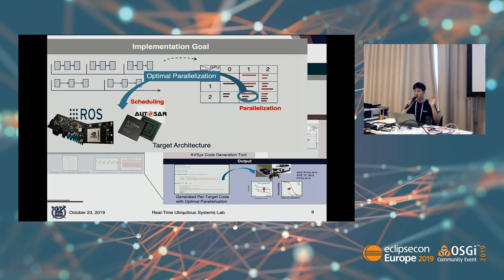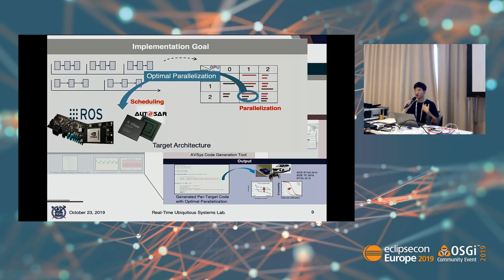The optimal assignment of the parallelization numbers is very hard because it is an NP-hard problem. So we want to do this optimal parallelization in polynomial time.